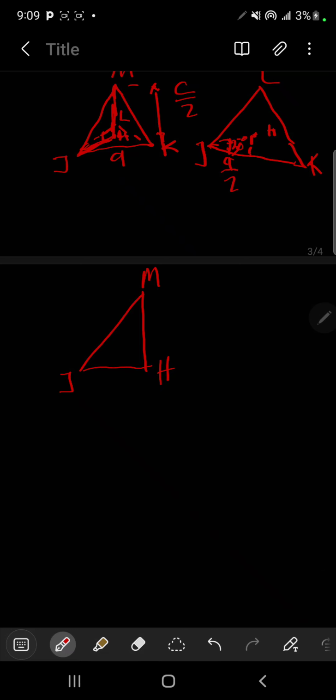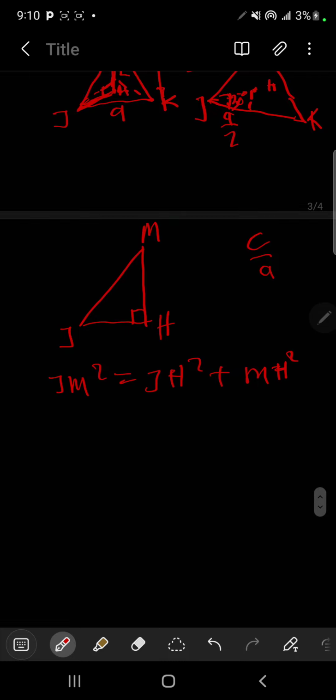With that said, from this one we can use the concept of Pythagoras theorem, which we are all familiar with. So we can say JM squared is equal to JH squared plus MH squared, like this. The goal is to find the ratio C over A, so we're going to use this, but eliminating JM, JH, and MH.